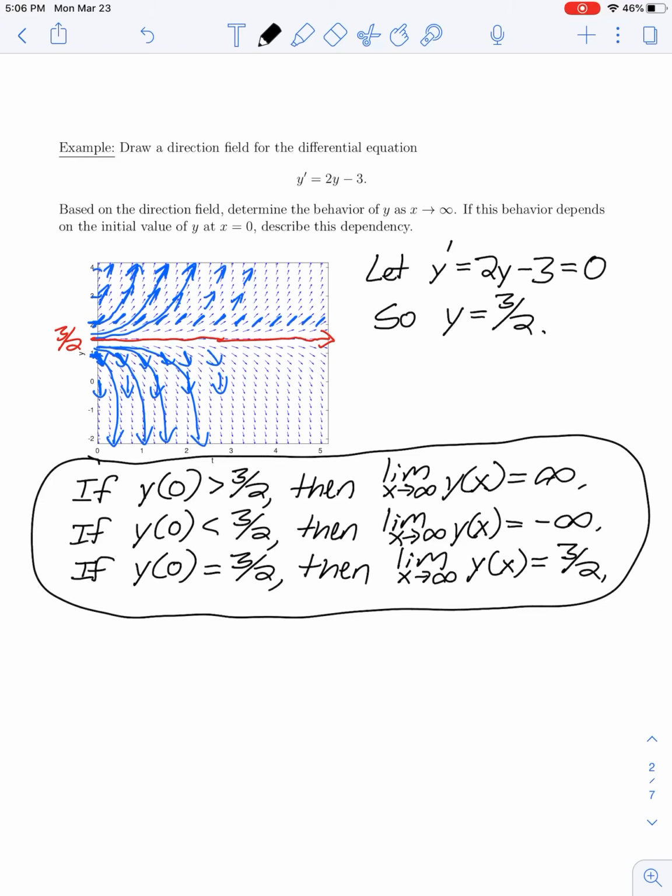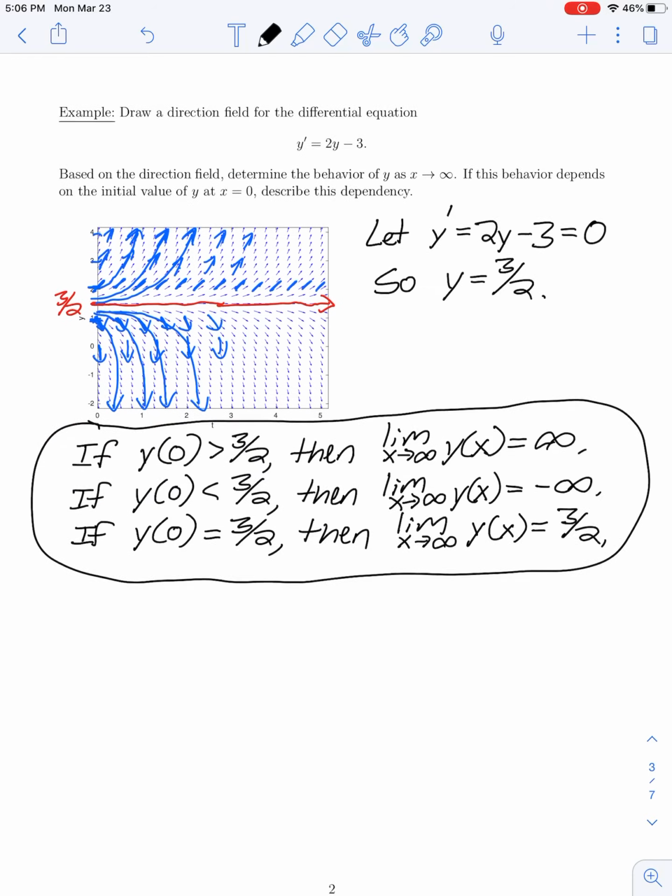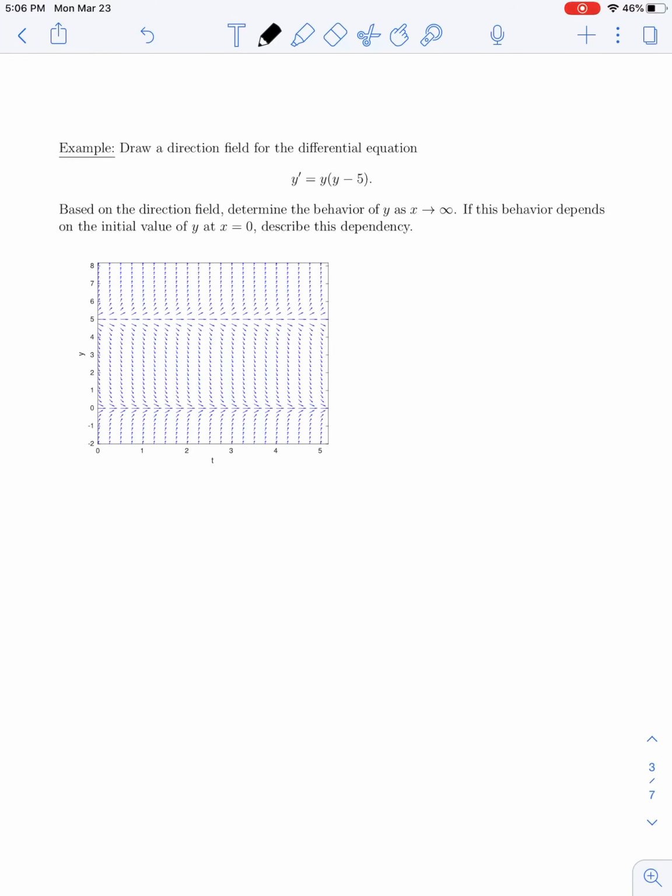So let's look at another example similar to this, but maybe a little more complicated. Here we are asked to draw the direction field for this differential equation. Y prime is y times y minus 5.